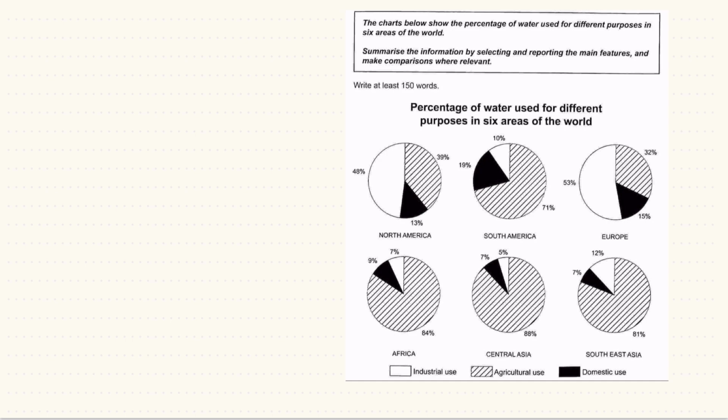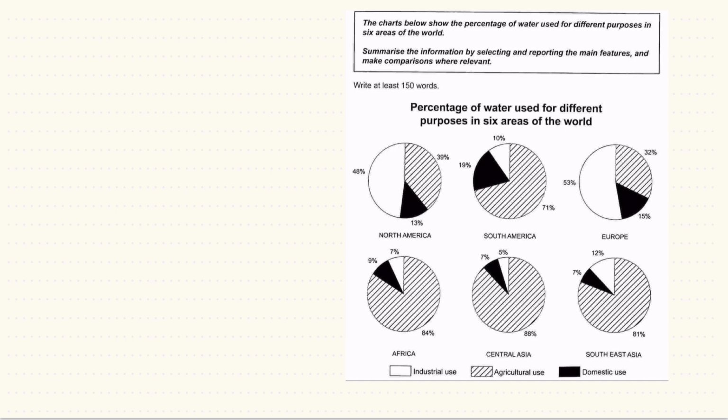So what is it that this one is describing? Let's zoom out. First strategy, let's zoom out a little bit and see what this pie chart is about. So it's percentage of water used for different purposes in 6 areas of the world. So you can start describing that.